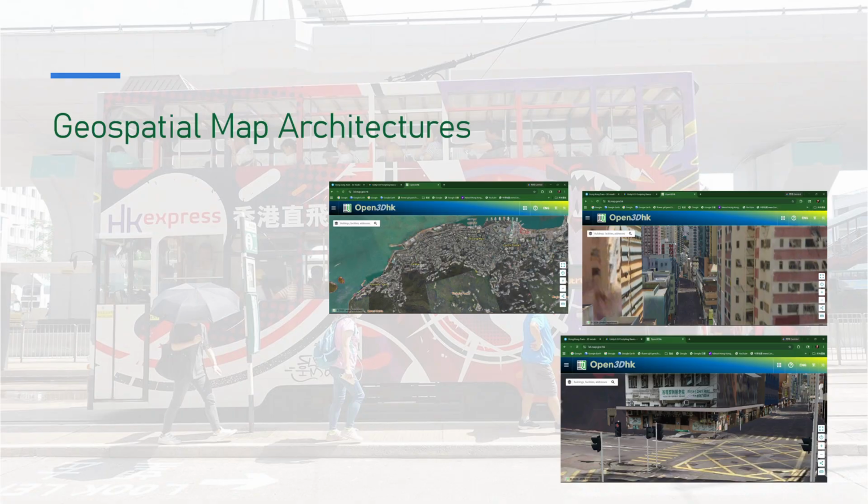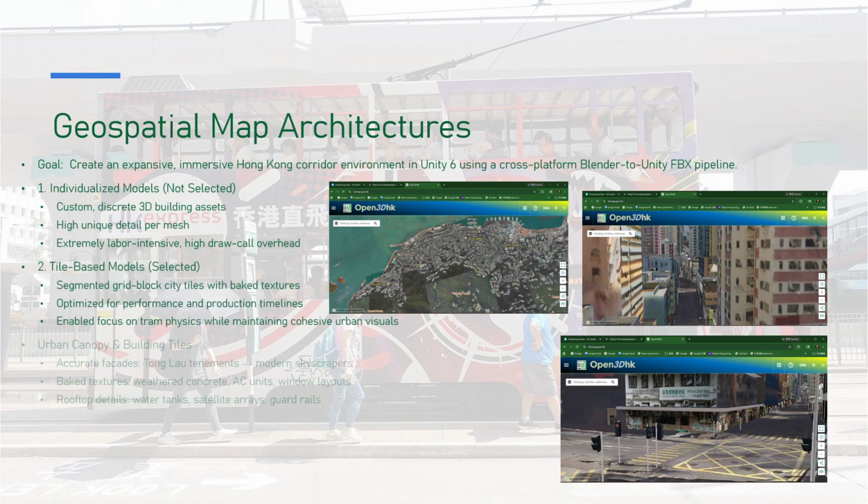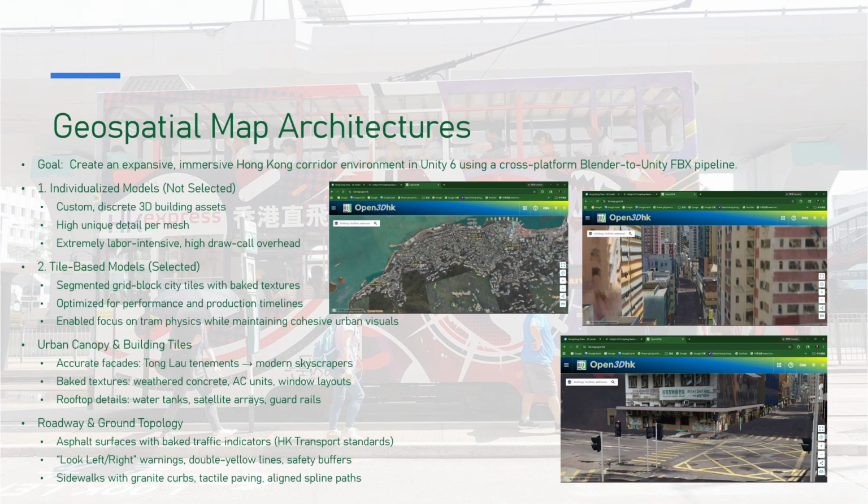Instead of building hundreds of unique buildings, I chose a tile-based modular system. This allowed me to create an expansive Hong Kong corridor with tall tenements, modern skyscrapers, popular markets, and sidewalks, all while maintaining good performance.